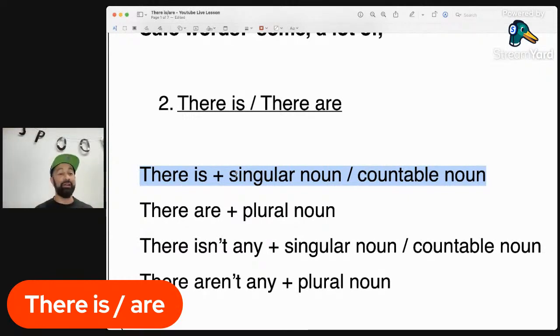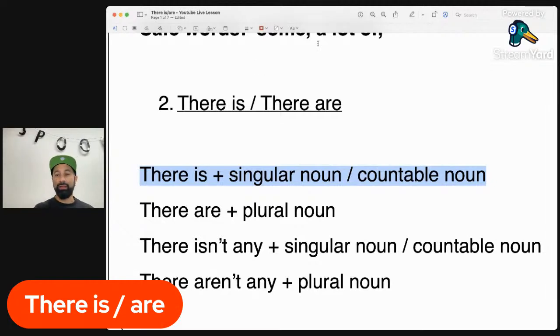So I would say there is a notebook in my hand. Also, there is also followed by a countable noun. You know, there is one pencil.